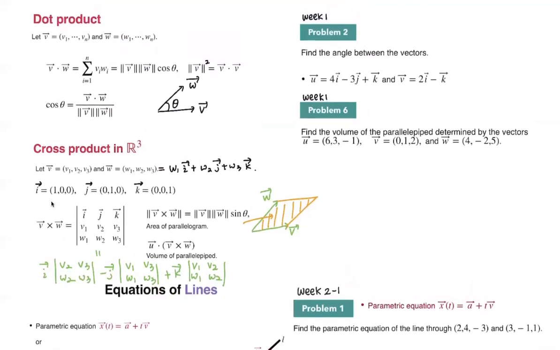And one important thing is that if you take a dot product, then it will be just a number, a scalar. But if you take a cross product, then it is a vector. So since this one is a vector, we need the norm here.